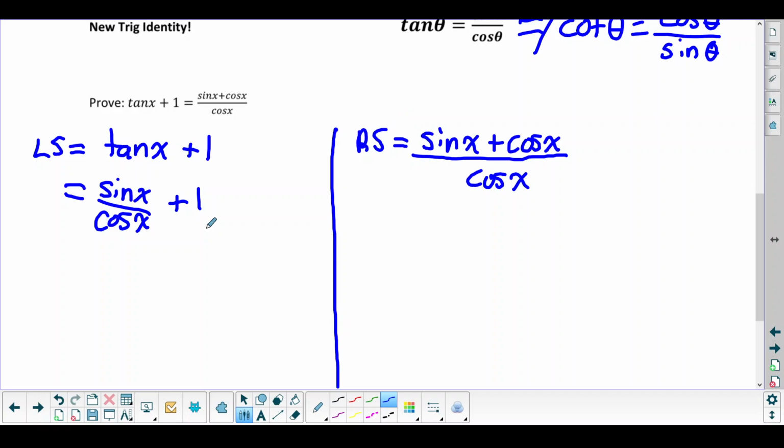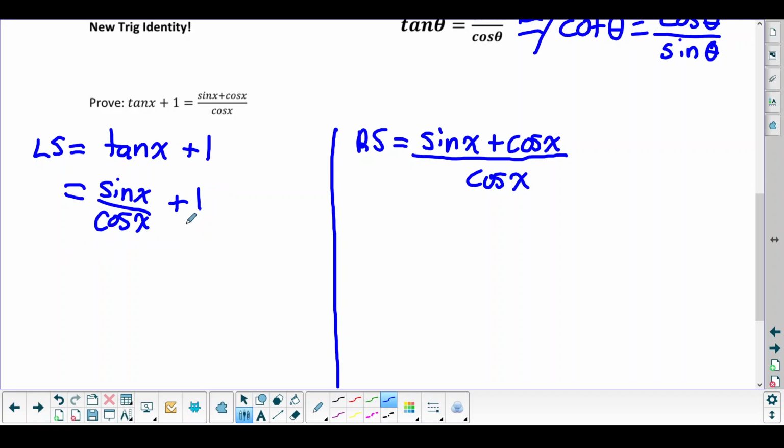So at this point, I think there's two different things you could notice to try to go further. I think the easiest one to notice is the one I'll do on paper here, is that here we have a fraction plus something else, and if I wanted to add these, they would need common denominators. So maybe let's try that.